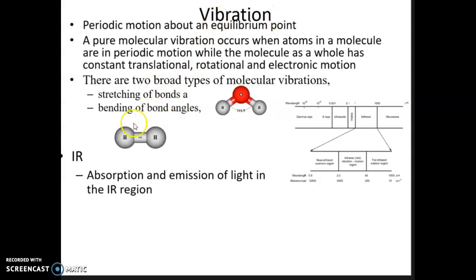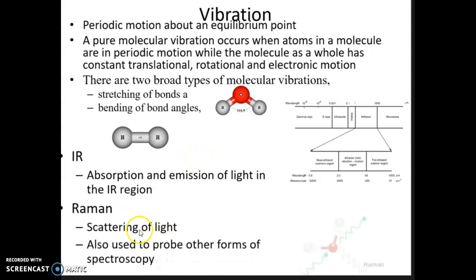So we can study vibration in molecules using the IR technique. The IR technique studies the absorption and emission of light in the IR region of the electromagnetic spectrum. Remember, the electromagnetic spectrum contains light of various frequencies, and they are dependent on the interaction that they have with the molecule.